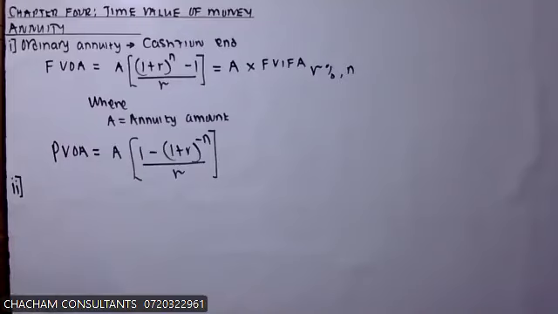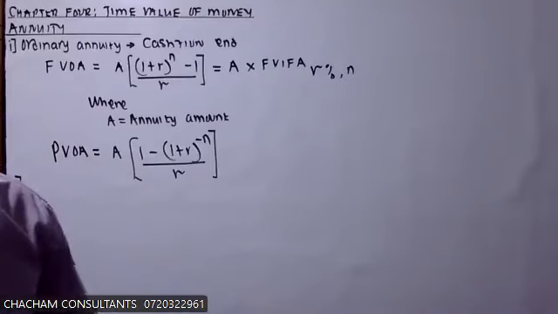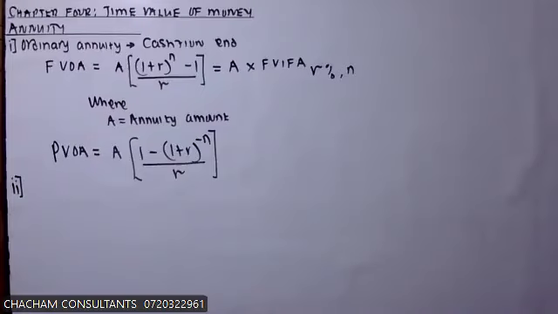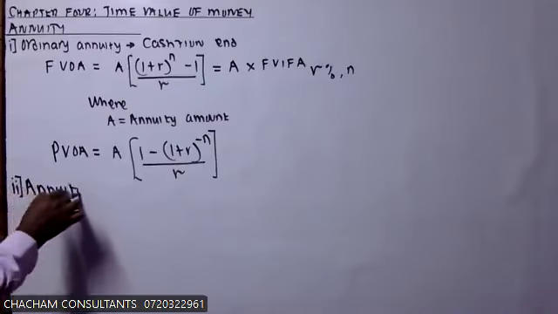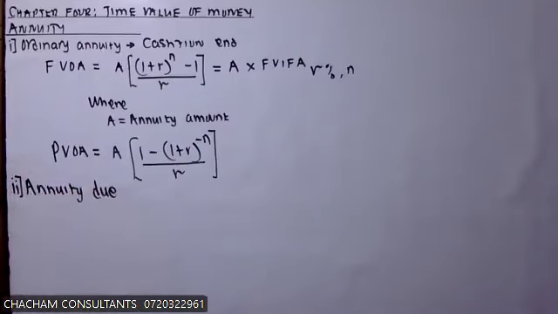So I believe you have copied. So number 2 is called annuity due. Annuity due.